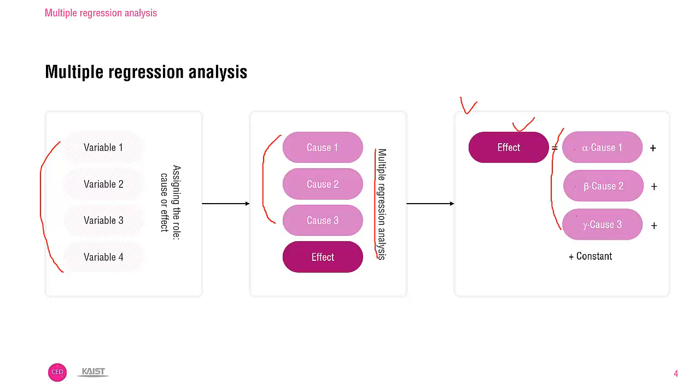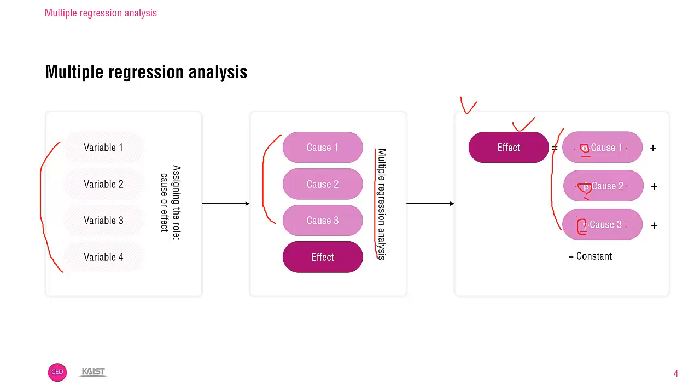Therefore, the multiple regression analysis gives you the coefficients. The impact of independent variables is comparable in terms of these coefficients only when these 3 variables were measured on the same scale.